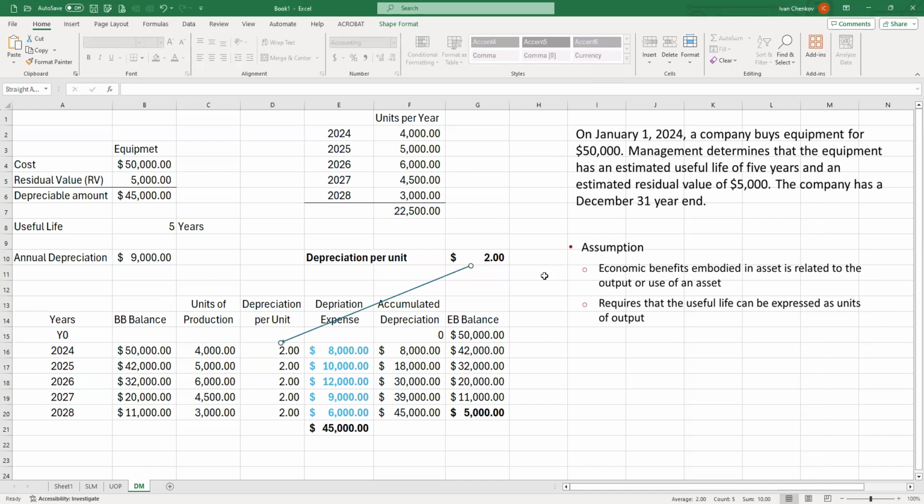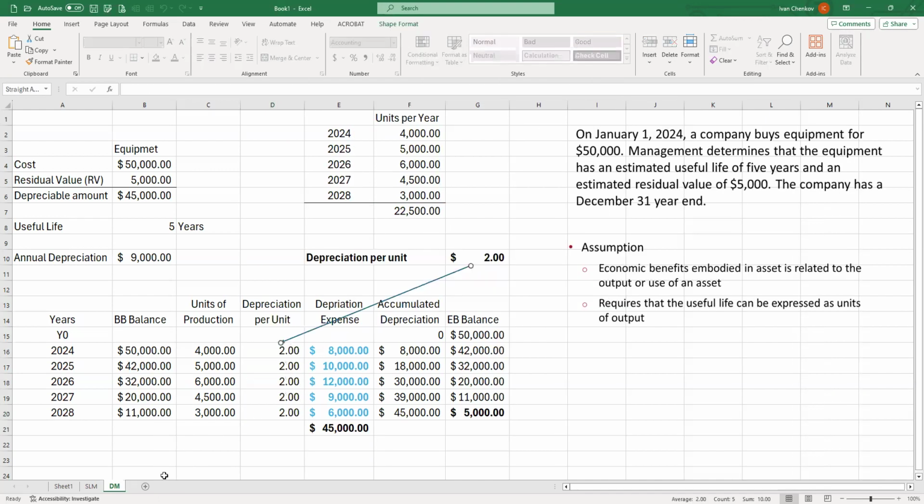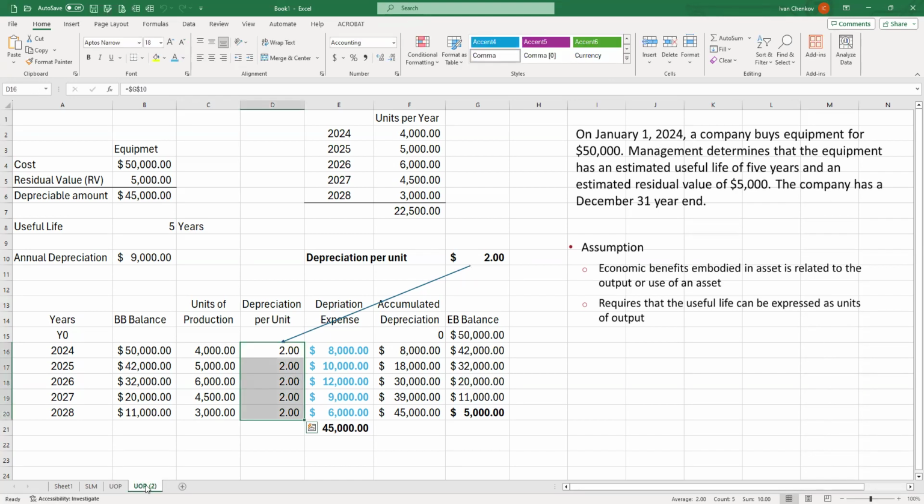Okay, so we get the depreciation. Now we have to delete this one because we modified it, and that will be our units of production method. And the last thing that is left is the declining, double declining method.